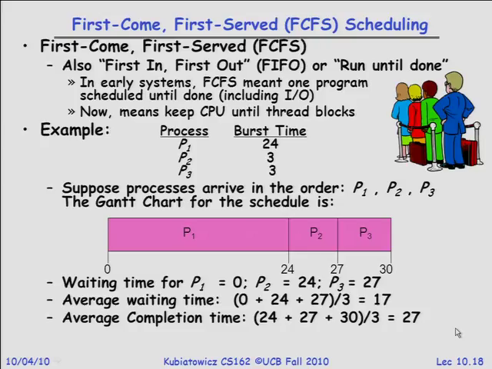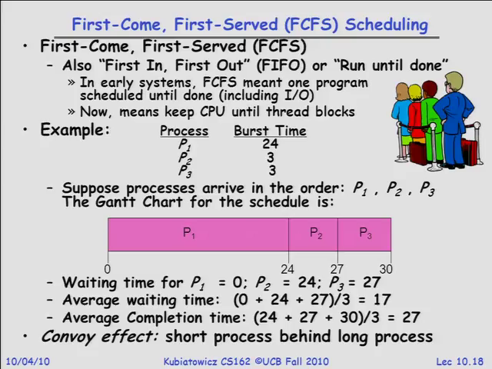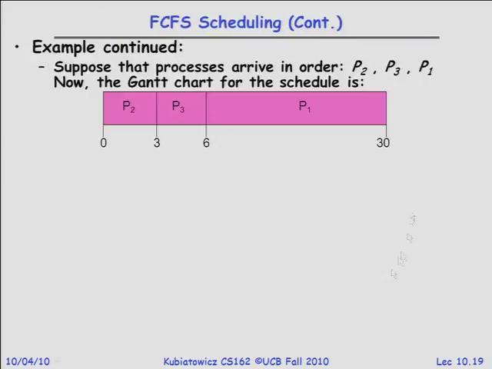Now, one of the bad things about first come, first served is the so-called convoy effect, which is that short processes get stuck behind long processes if they're unlucky. Right? Okay. So suppose that they're lucky. P2 and P3 go first, and then P1. Well, we finished 30 units in this too, so that's similar.